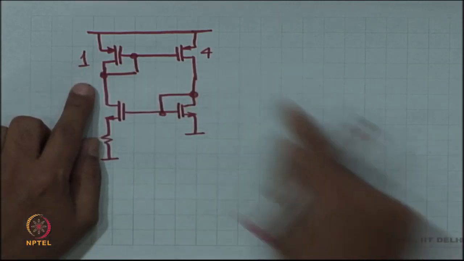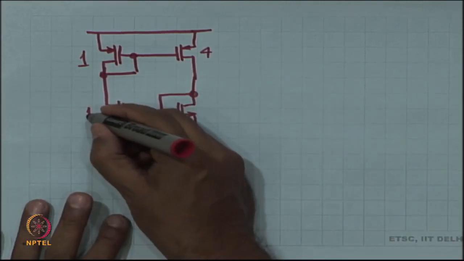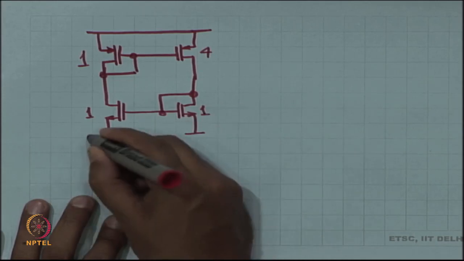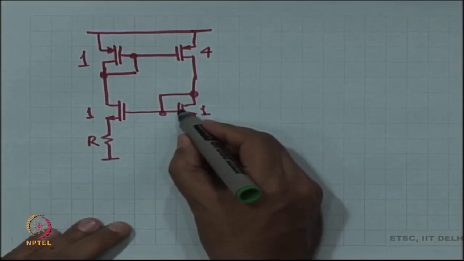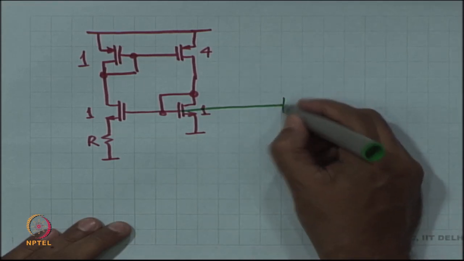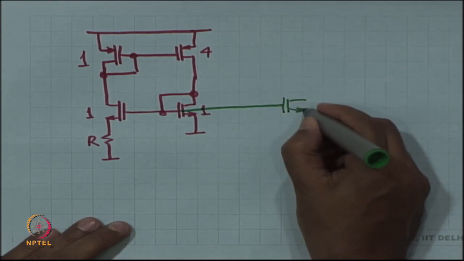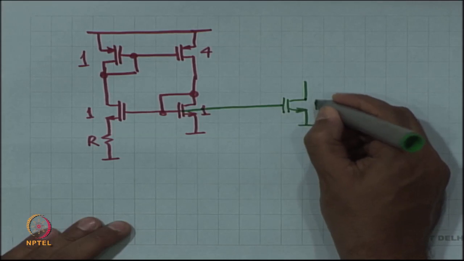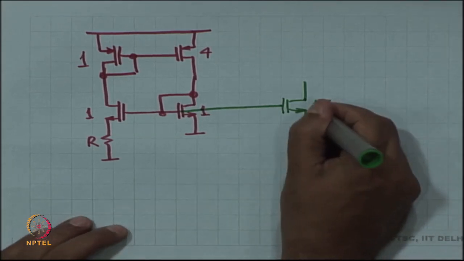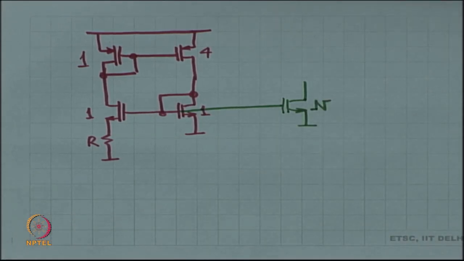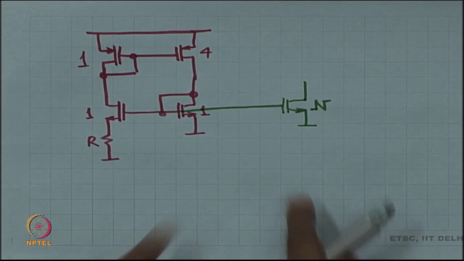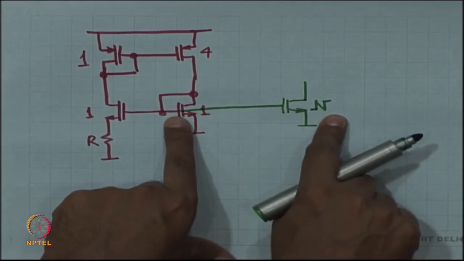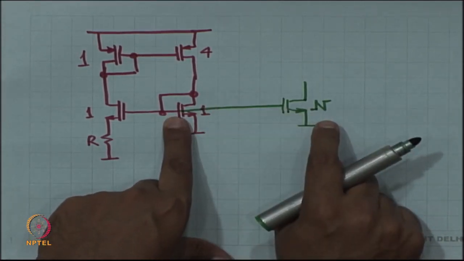So, what are these 1 and 4? They are the W by L ratios. And then I tap this voltage out, and the claim is that this current, this is a 1 is to n current mirror.